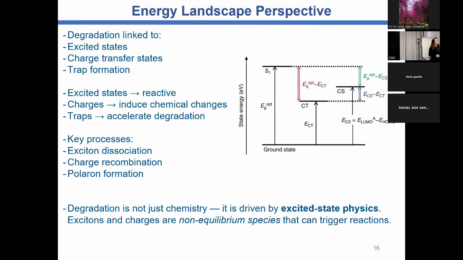This difference in energy sometimes causes losses, and these losses can increase the instability of the devices. So overcoming these excited state losses in solar cells is quite important.